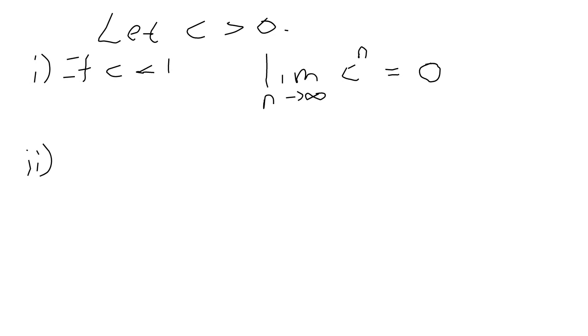So next one. If C is greater than 1 now, then, oh, that looks so weird. That's supposed to be a C, okay? C greater than 1. It actually looks like less than greater than. So if C is greater than 1, then what do you think is going to happen with this sequence here?